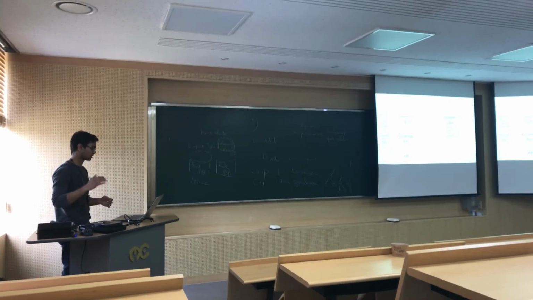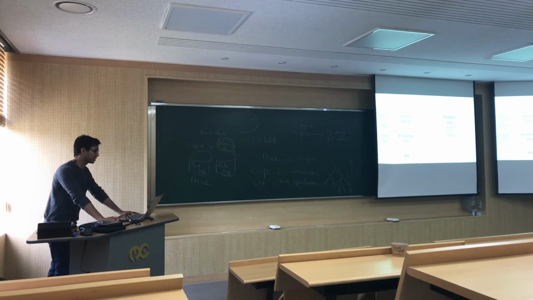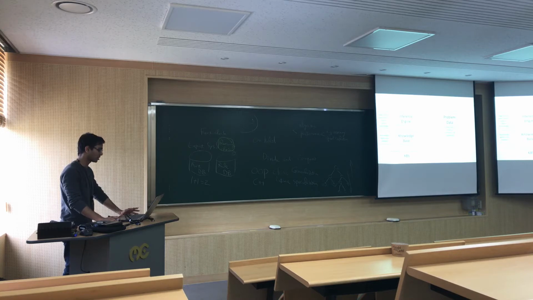Since you have to classify, you have to have a knowledge base of all the different possible test cases or training cases. Basically, the inference engine is the algorithms which know how to apply knowledge. The knowledge base is the knowledge about the domain. And the problem data is the details about a specific problem to be addressed.